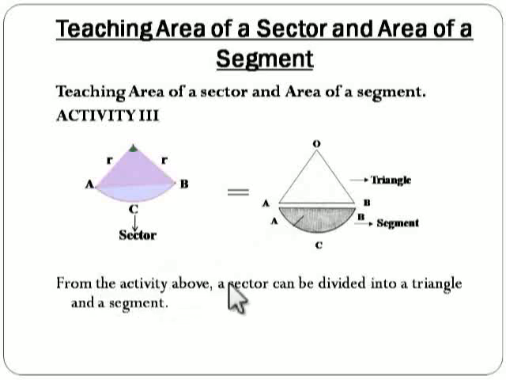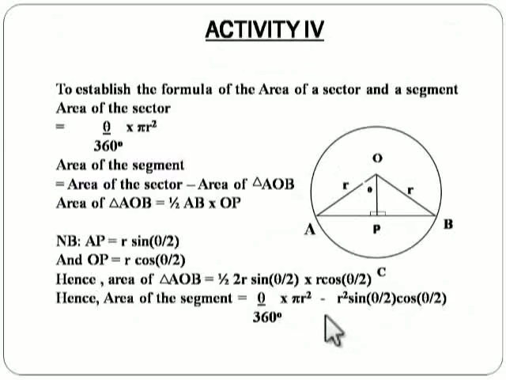From the activity above, a sector can be divided into a triangle and a segment. If you can see that, good. Activity 4. We want to establish the formula for the area of a sector and a segment.